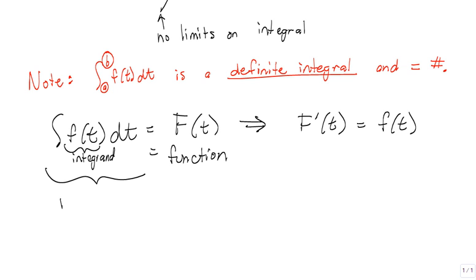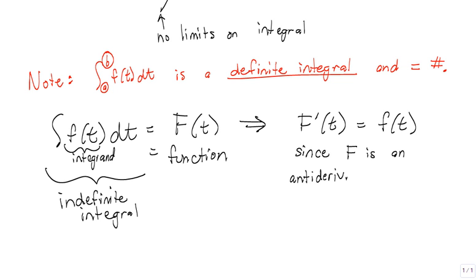And this is called an indefinite integral, and that's not equal to a number, it's equal to a function. It depends on your variable. Since capital F is an antiderivative of little f.